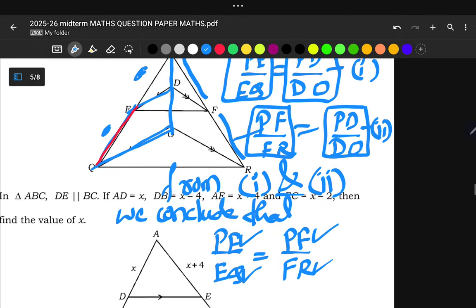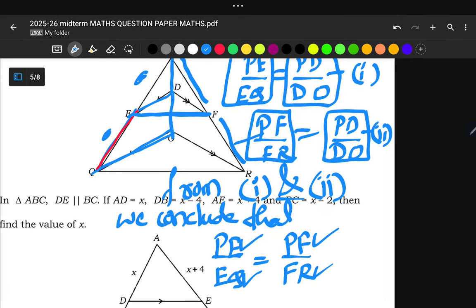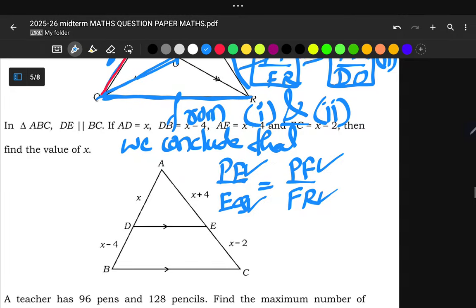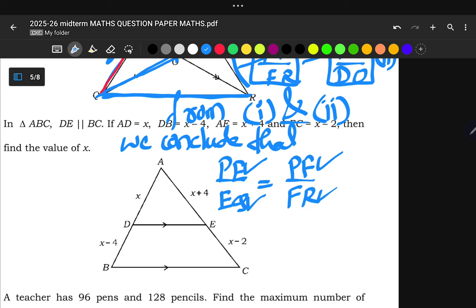It means this side EF is parallel to QR according to the converse of the Thales theorem.